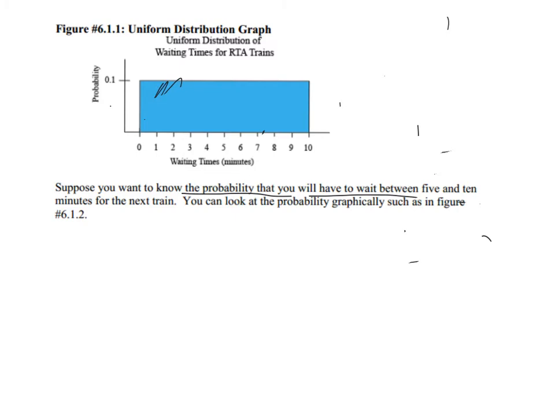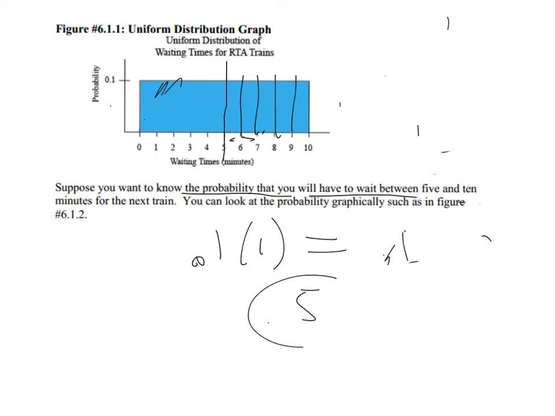Well, between 5 and 10, we're seeing those 5 bars, all of them are 0.1 high, and they're each 1 wide, so each one of these is 0.1 times 1, that's 0.1, and we got 5 of them, so the probability of that happening is 0.5. What's the probability that we have to wait less than 2 minutes?